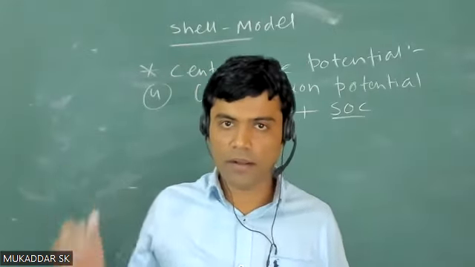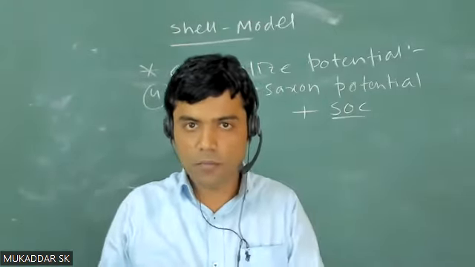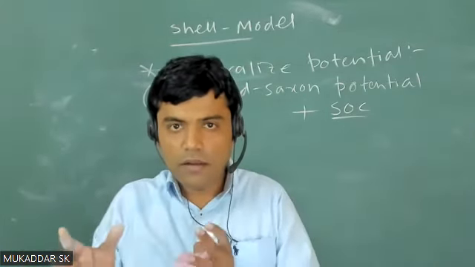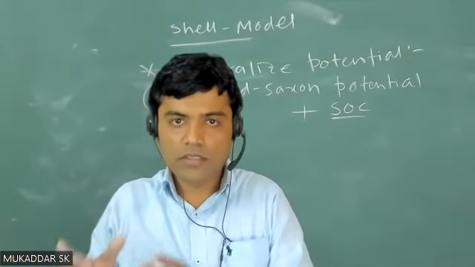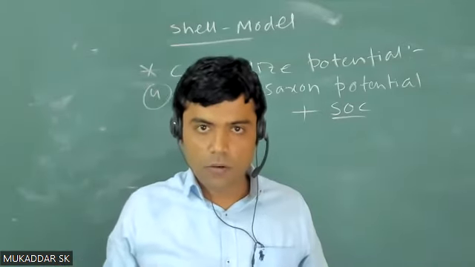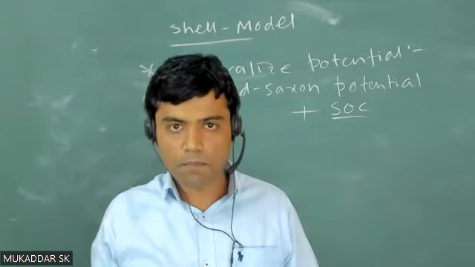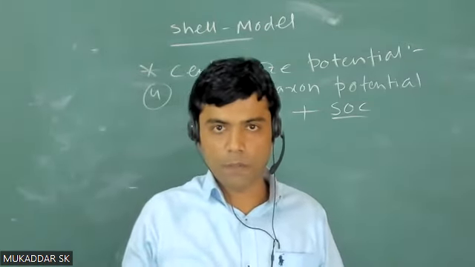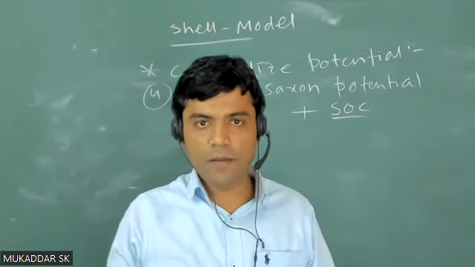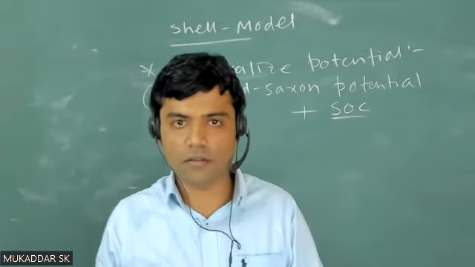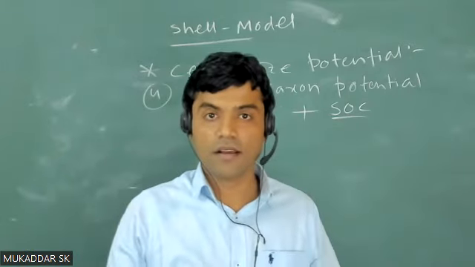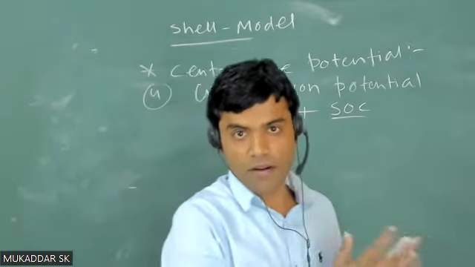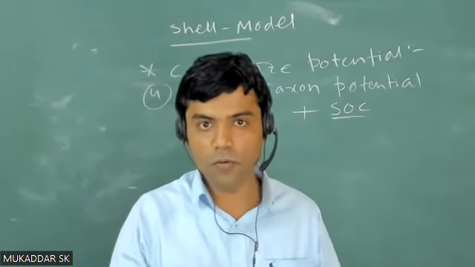To build a model, what do you need? You need a potential, right? So why is the model taking the simplest potential? If you are taking a simple potential, your model will be simple. When your model is simple, it is very easy to handle. But it should not be that you built the model and it cannot successfully describe anything. The model should be simple, but it should describe all the properties that you are planning to describe.